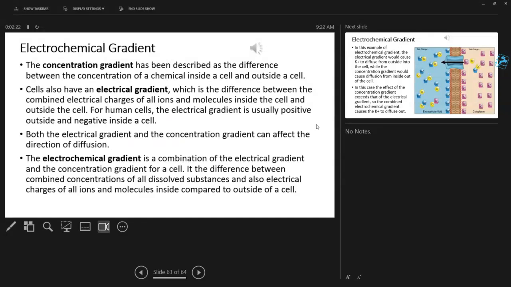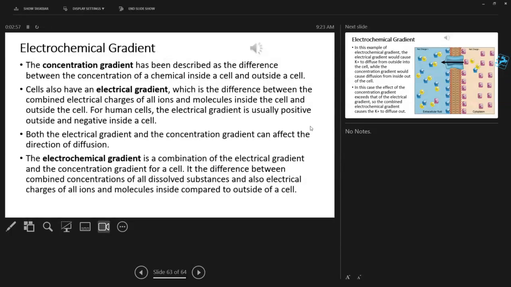The stuff likes to spread itself out, and it moves from where it is in high concentration to where it is in low concentration. So we would say that's moving down the concentration gradient. And the difference in concentration can be just in the number of atoms or molecules. There's more in one place compared to another, or it could be the electrical charges if they are ions.